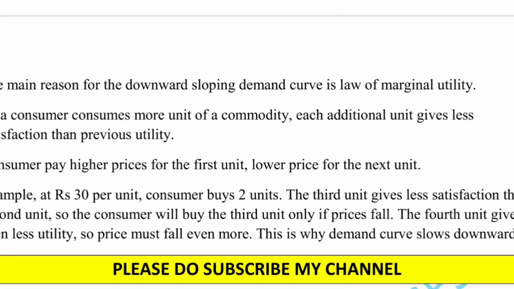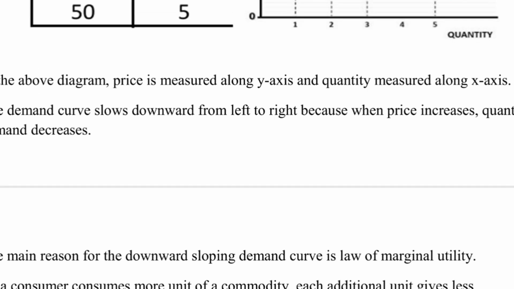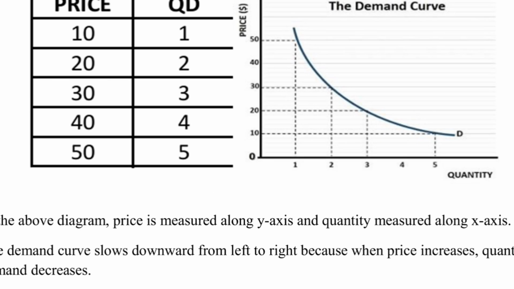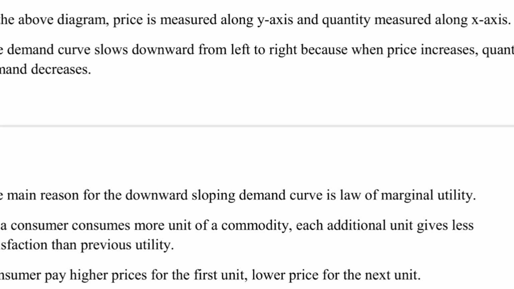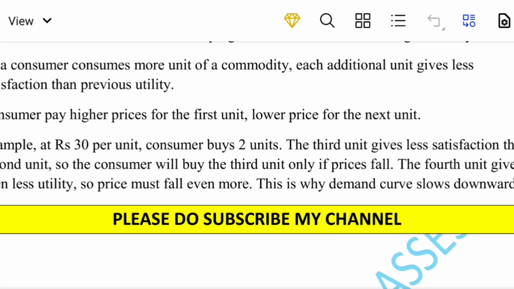For example, at rupees 30 per unit, the consumer buys the second unit. The third unit gives less satisfaction than the second unit.